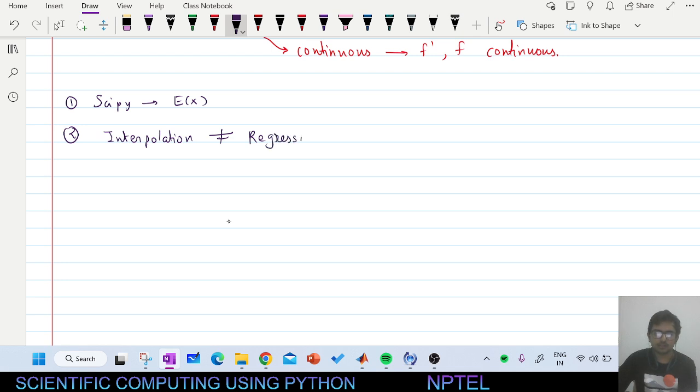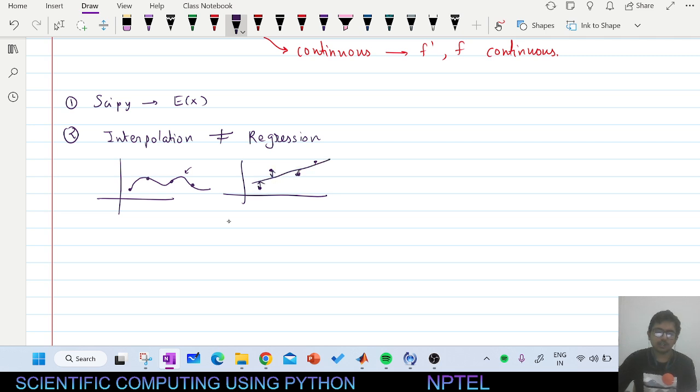And what's the feature that differentiates these two? In this one, we are required to pass the function through the data points. Whatever our estimated function is, it should pass through all the data points. On the other hand, in regression, what we want is this total error to be minimized.